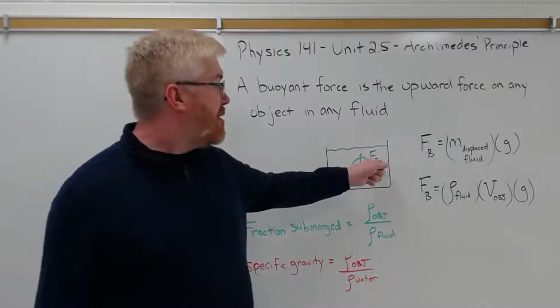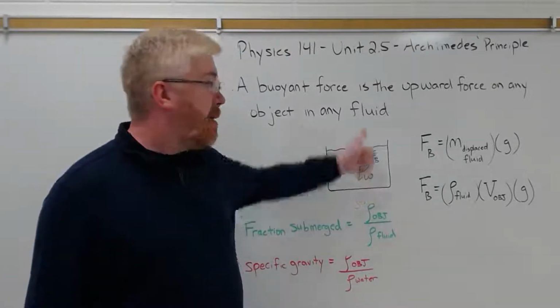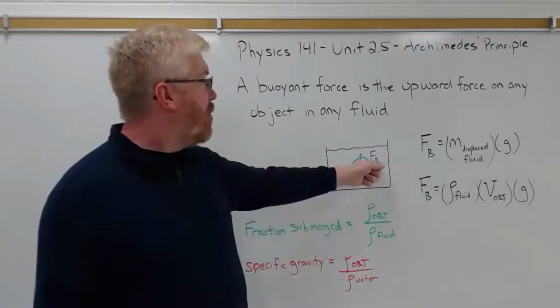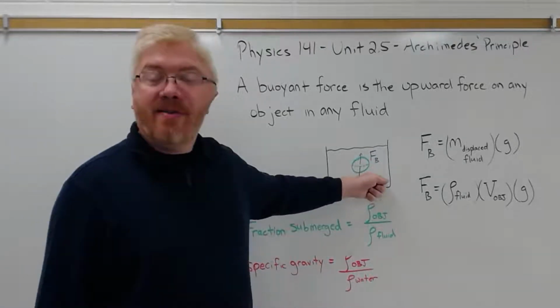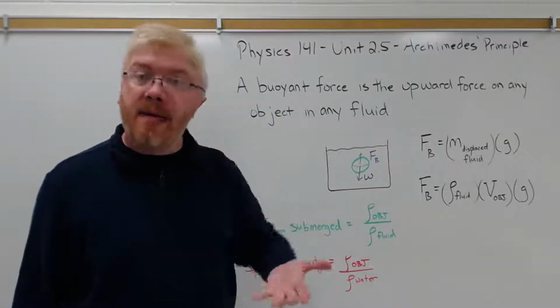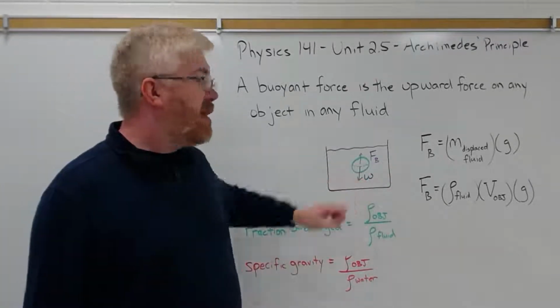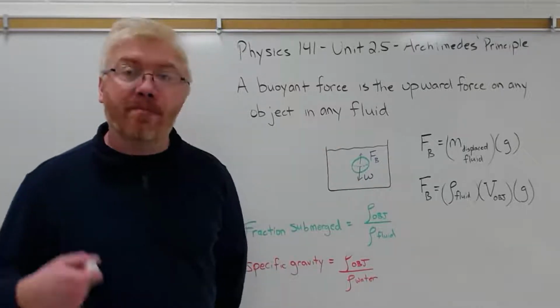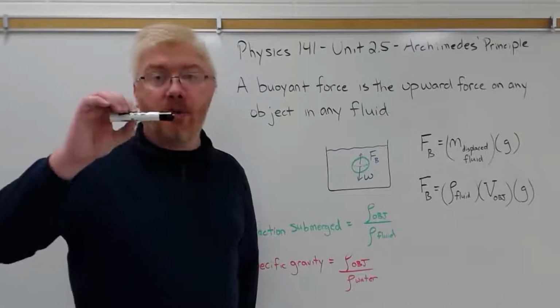If the buoyant force is greater than the weight, the object will rise to the surface and we say it floats. If the buoyant force is not as strong as the weight of the object, the weight wins out and the object sinks. If the buoyant force and the weight of the object balance, we call that neutral buoyancy, and the object floats.